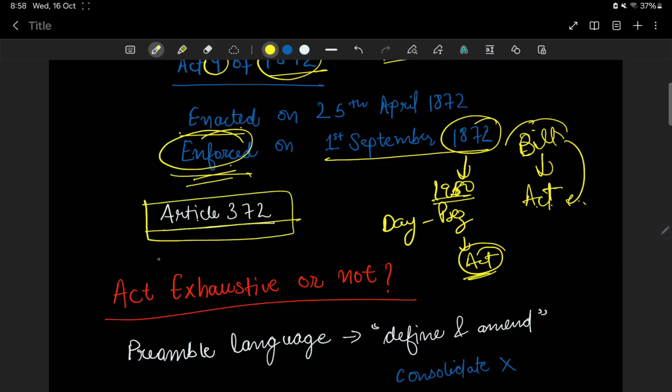Article 372 provides that all the legislations which were in force before 1950, that is before the constitution came into force, will continue to be applicable even after 1950 if they are not in violation of the other provisions of the constitution.